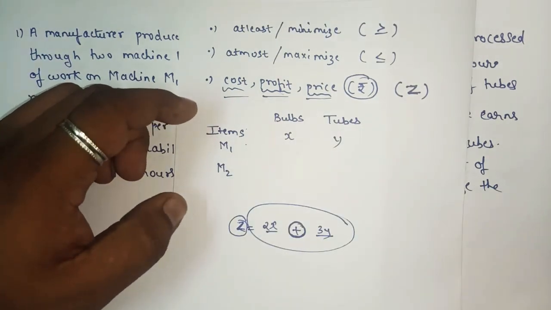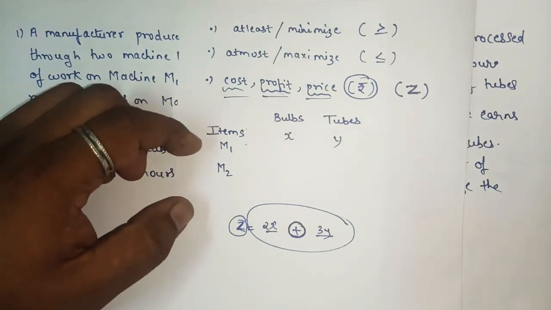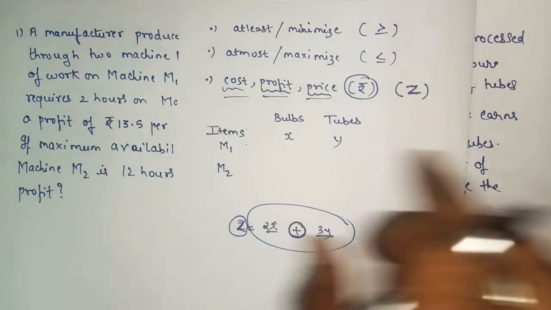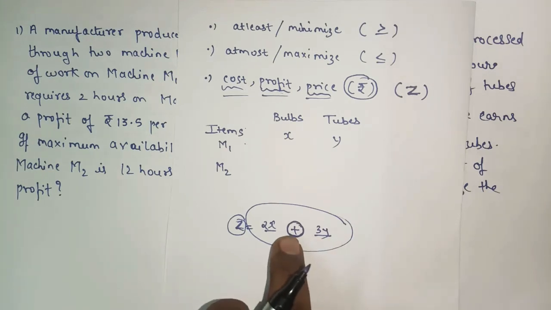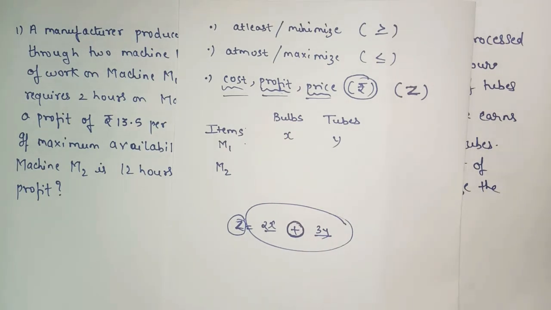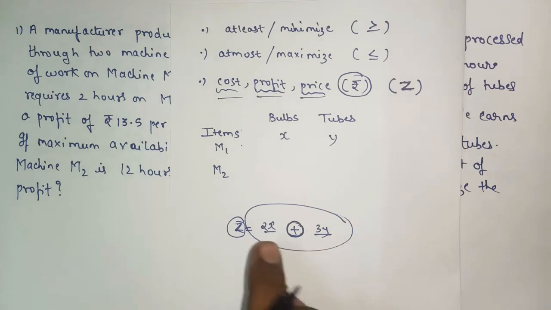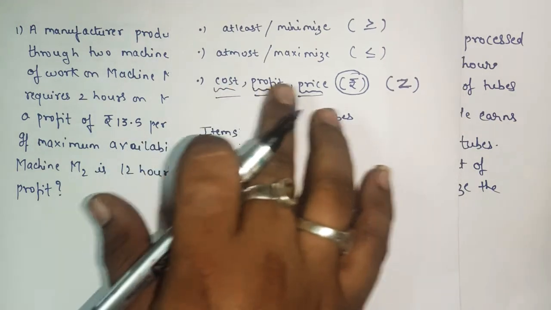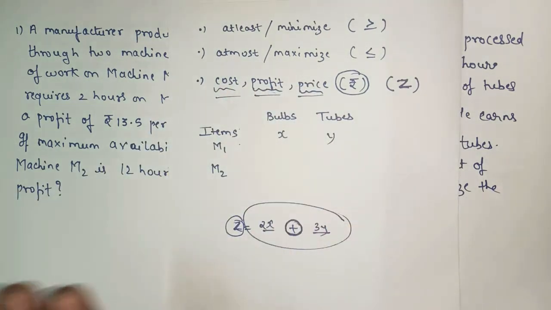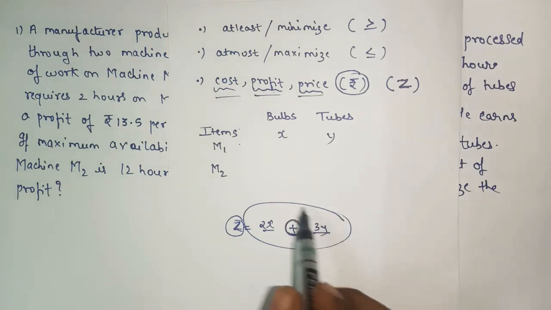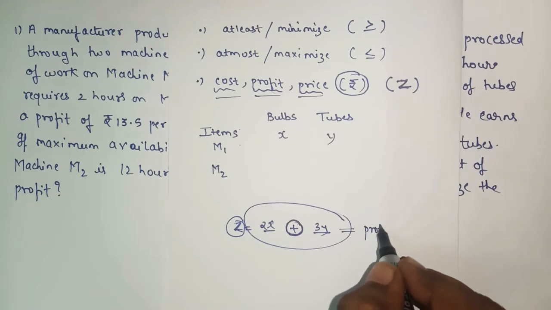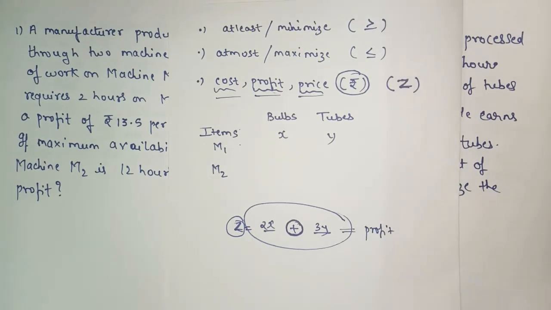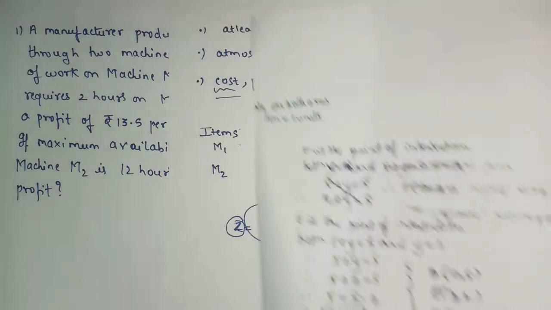So remember, whenever you frame Z in any equation, whether the sum is of this type or based on speed, distance and time, in between you will write plus only, not minus. Z indicates cost, profit, price, which cannot be negative, and we have to add these two numbers to get the answer for profit.